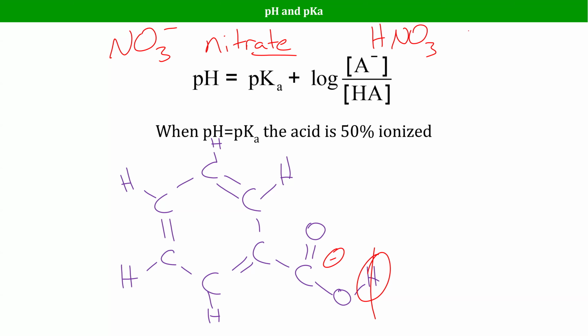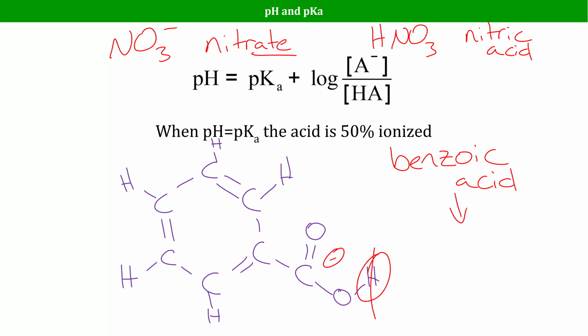So this was nitric acid. Well, when this was protonated, it was benzoic acid. So reverse engineer that name. What is benzoic acid when it's deprotonated? Benzate. Close. Benzoate.